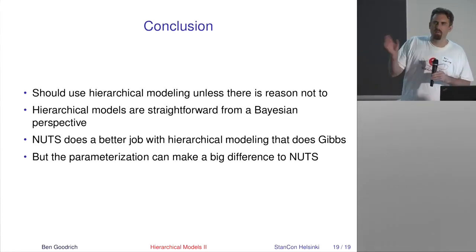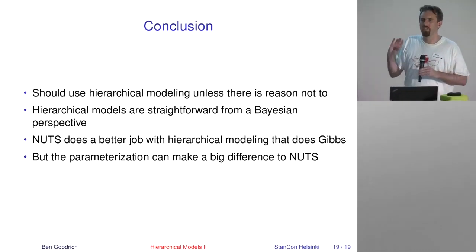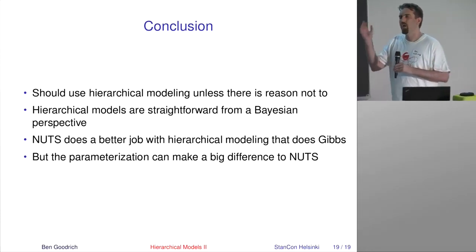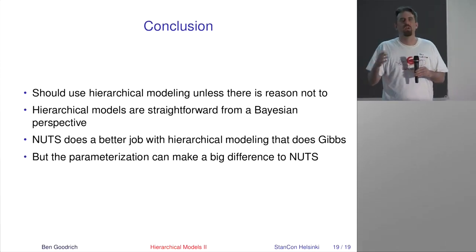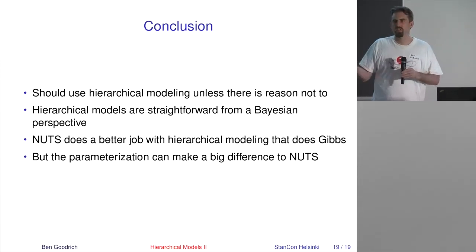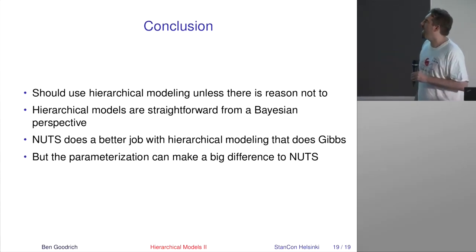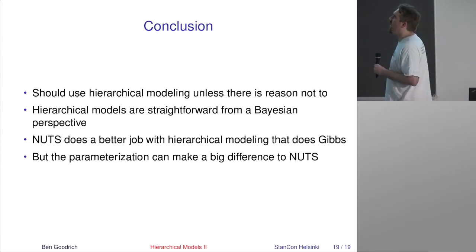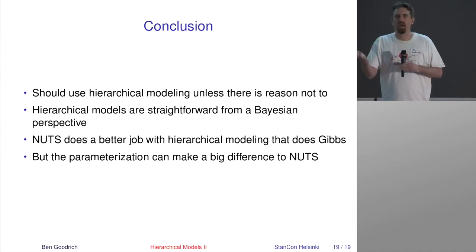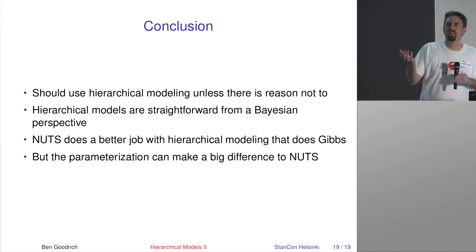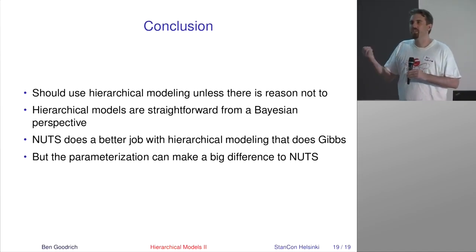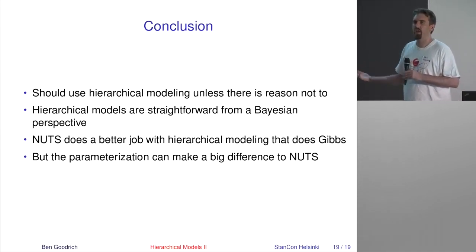And so being able to do things with different choices of the parameterization, non-centering, centering, using different distributions, thinking about the tail heaviness and stuff like that, can make a big difference, but they can also help you think about your data generating processes in ways in which it makes it easier for you to specify priors.